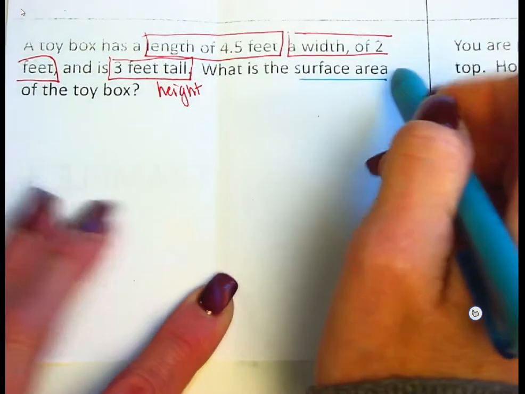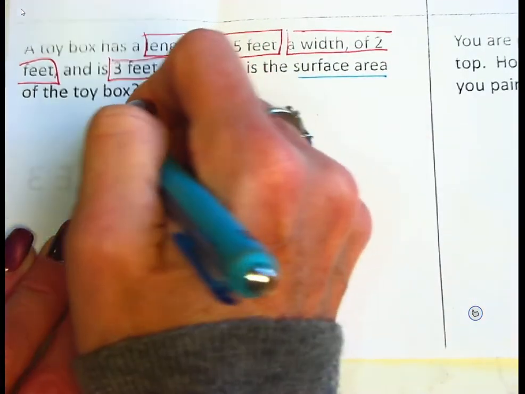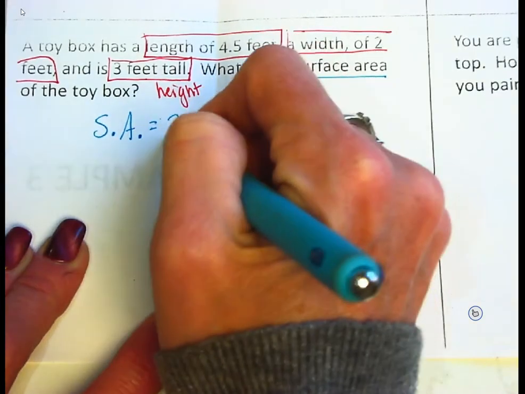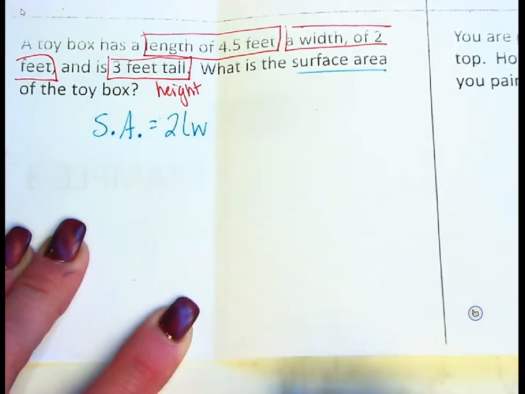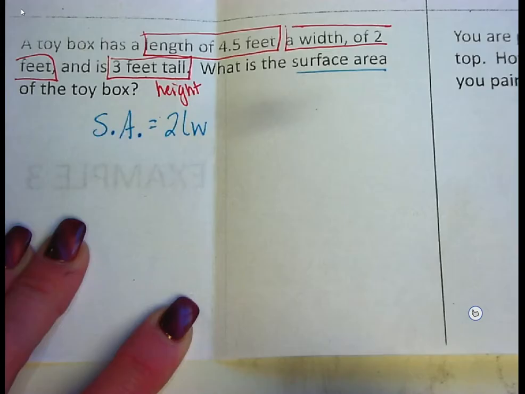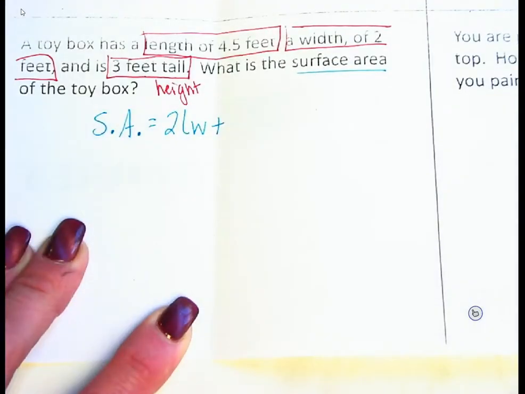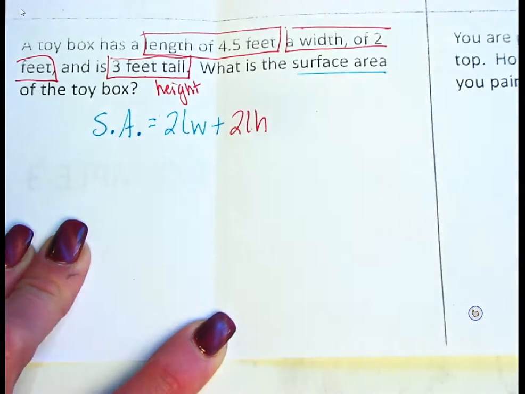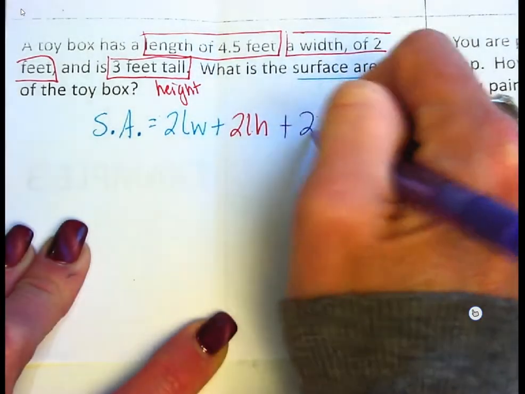We're finding surface area. So you write down your surface area formula. Surface area equals 2 times length times width. That's the top and the bottom. Plus 2 times length times height. Plus 2 times width times height.